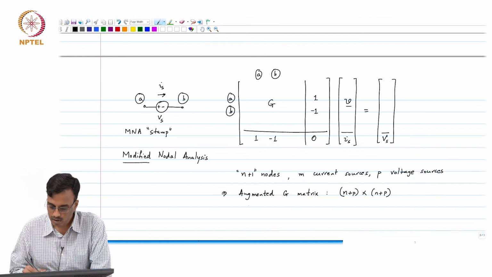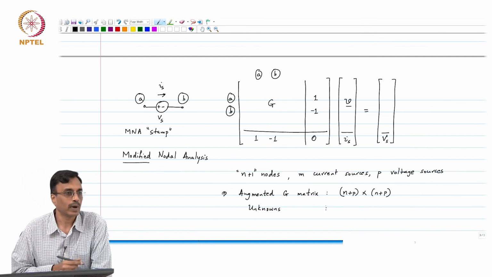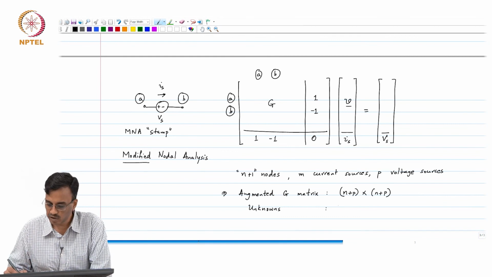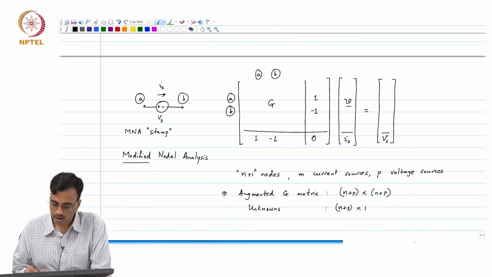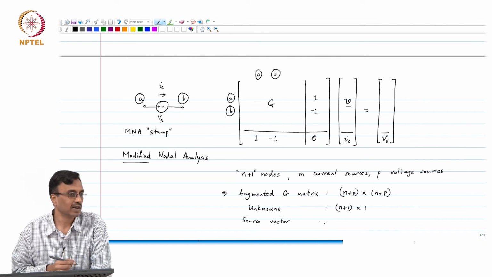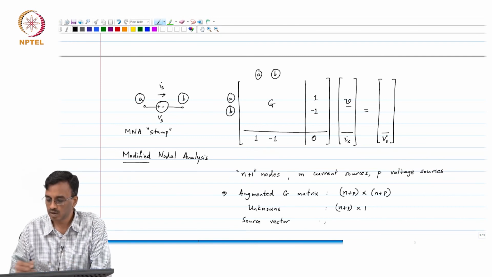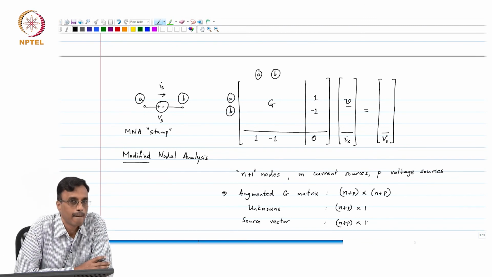The unknowns form a what vector? How many unknowns do we have? n plus p. So, this must be an n plus p cross 1 vector, and the source vector obviously better also be n plus p cross 1, correct.